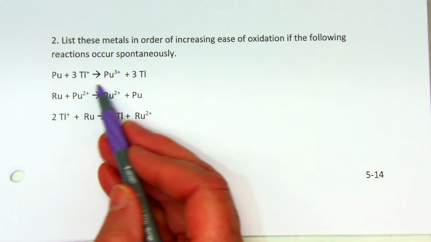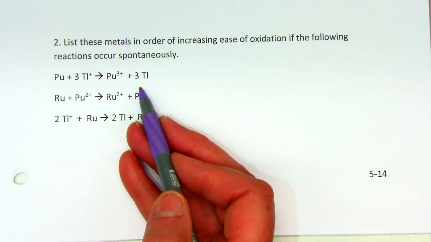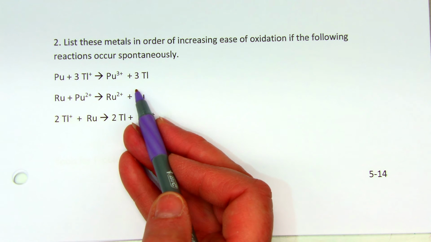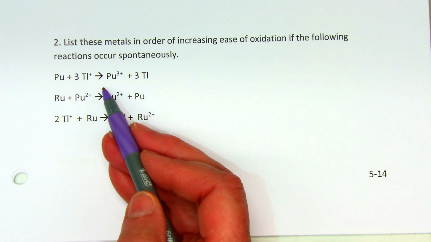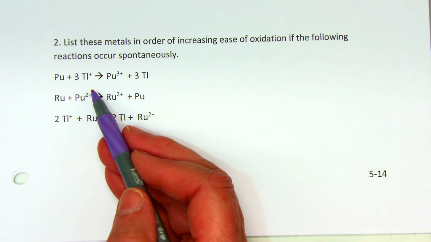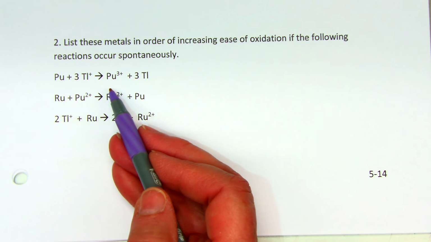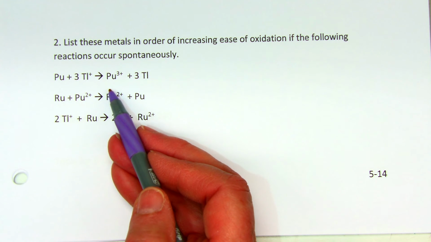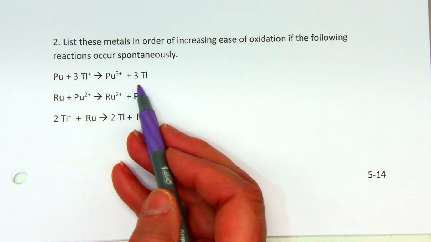When I look at this equation, what kind of chemistry is it? Single replacement. And when we've talked about single replacement, it's based on the activity series.